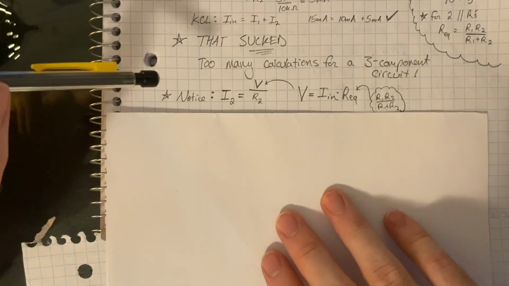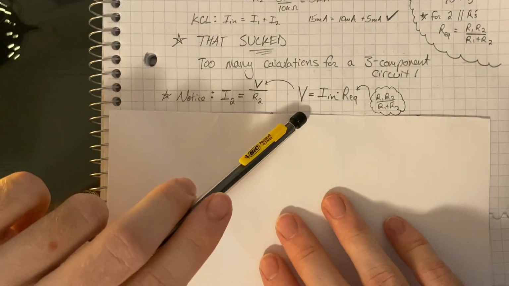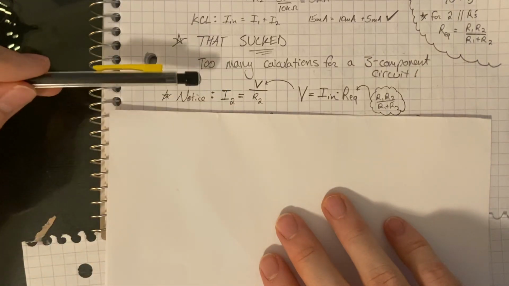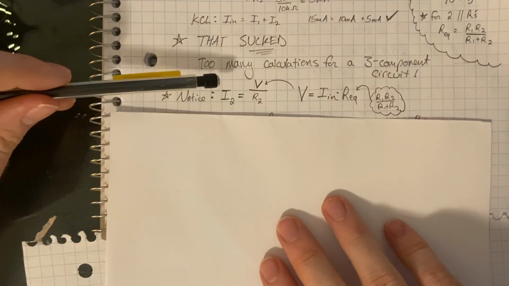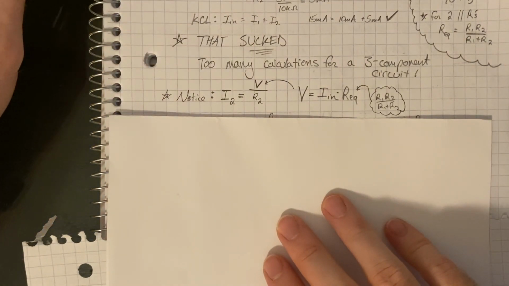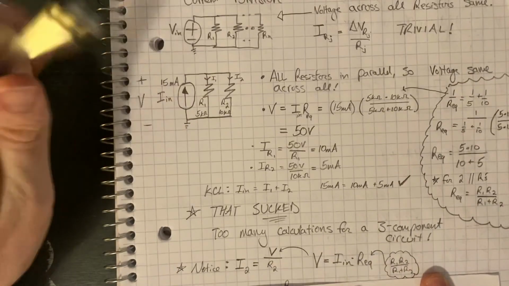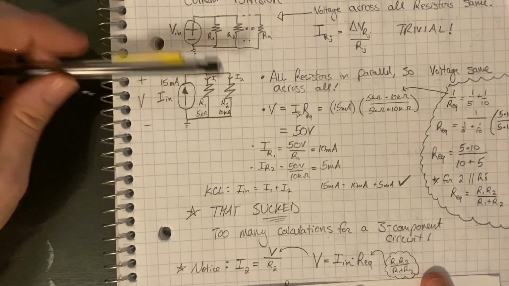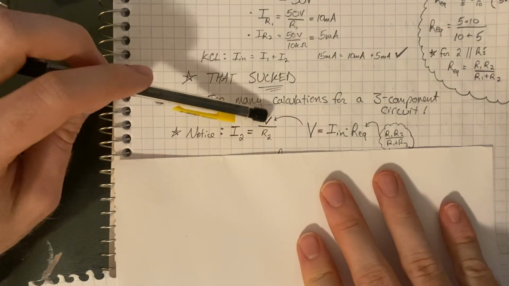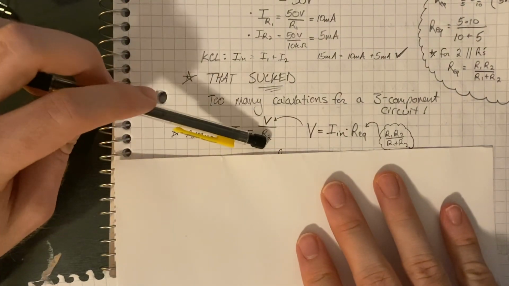But notice, if we sub in another equation as before for voltage division, we can simplify our problem-solving process. So let's say we're solving for the current through R2, which is here. We'll just call that I2. We know that's the voltage across it divided by its resistance.